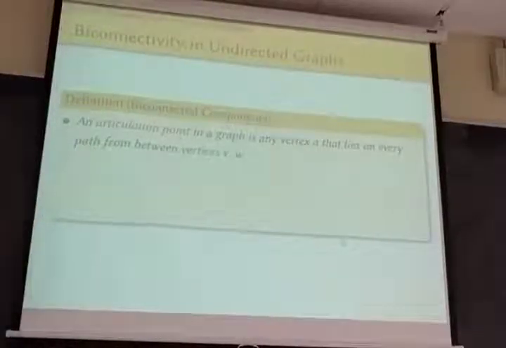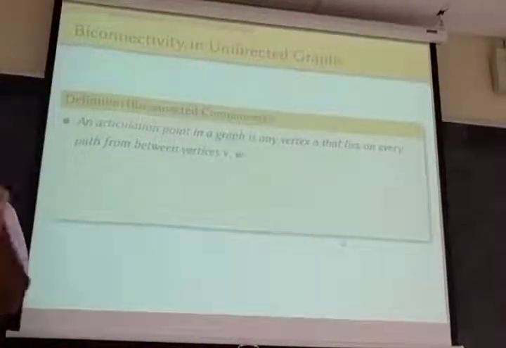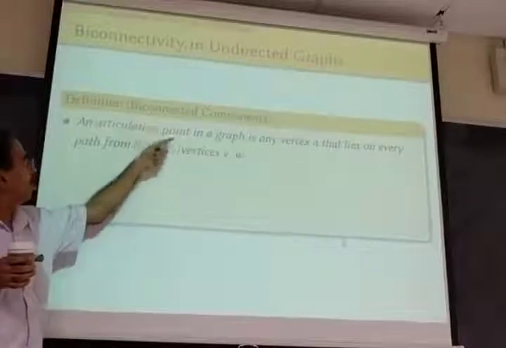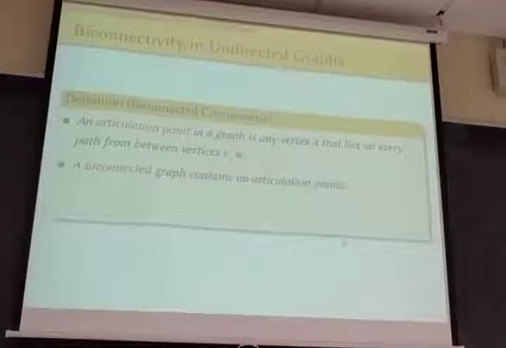An articulation point is one that lies on every path between vertices V and W. What this means is that there aren't two independent paths between V and W. Because there exists one node that appears in every path between V and W, that means there are no two node disjoint or edge disjoint paths between the two. Okay, so no, I'm sorry.